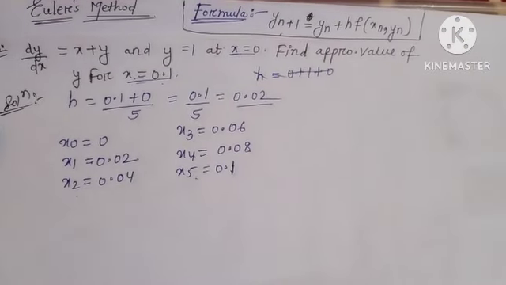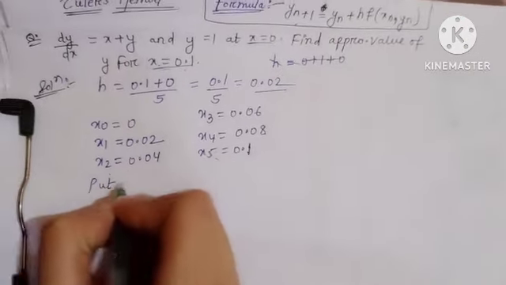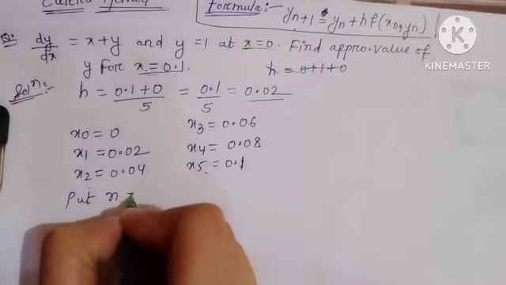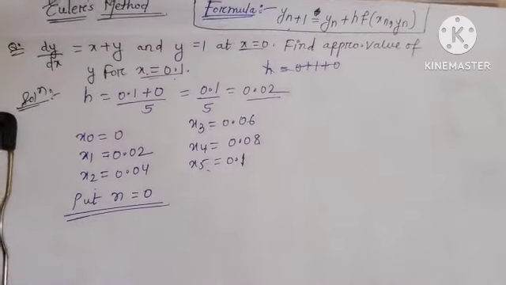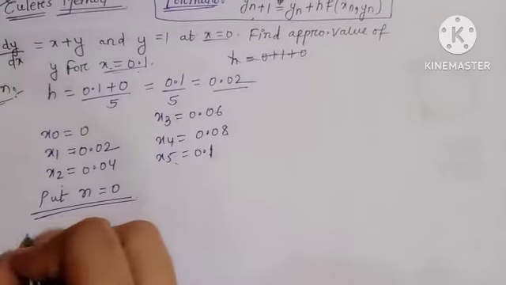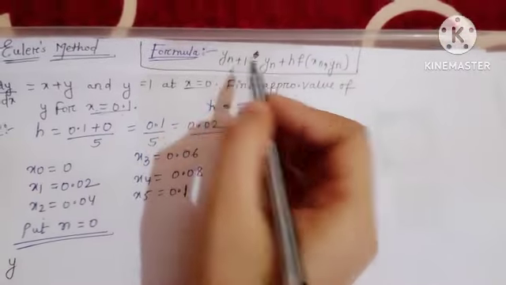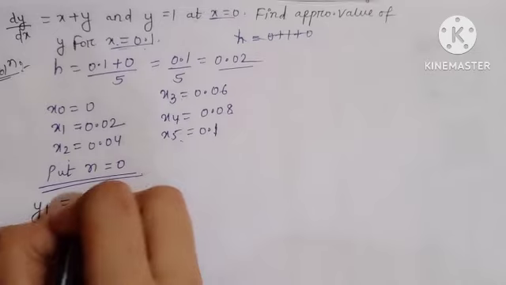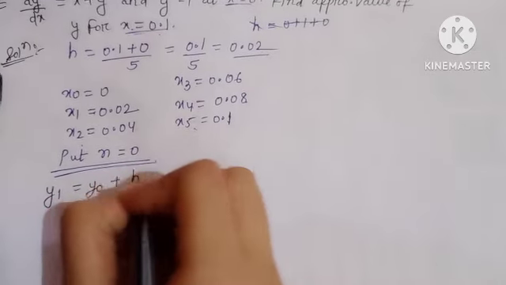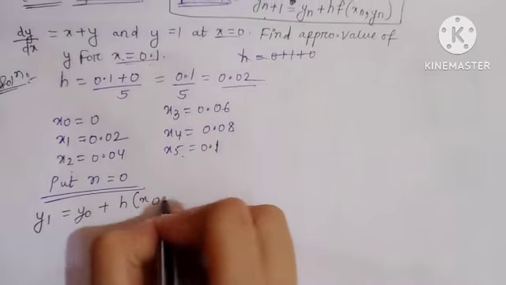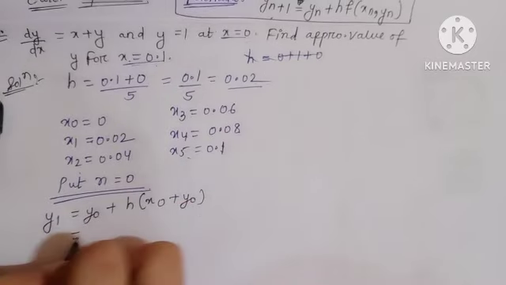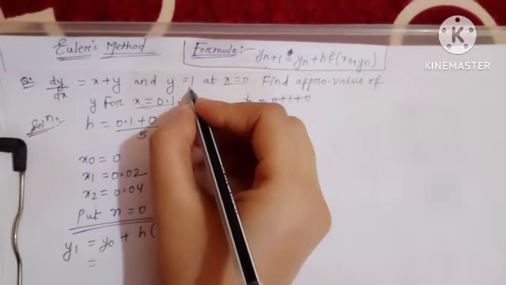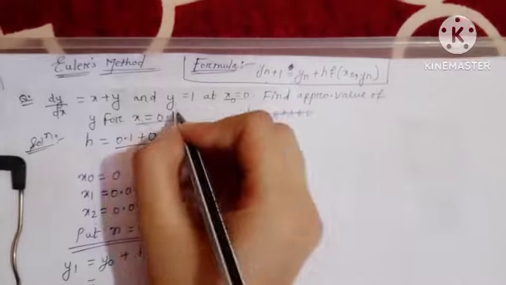Now we'll find the value of y with the help of this formula. Put n equal to 0. So n equal to 0 means y1. y1 is equal to y0 plus h times (x0 plus y0). The value of y0 is given in the question, it is 1. This is x0 and y0.